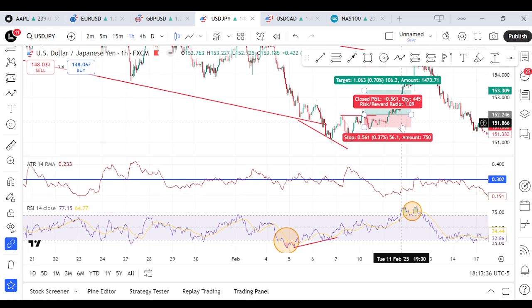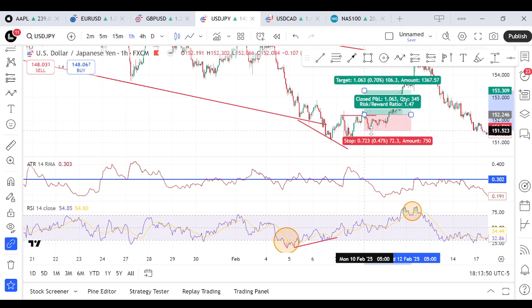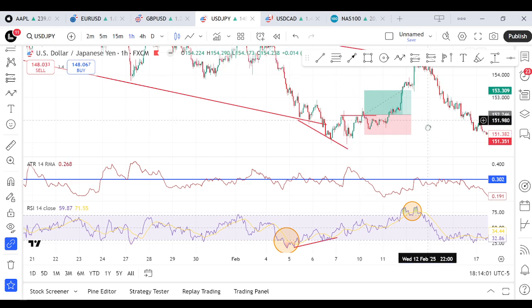So here I'll likely use maybe a 3 times ATR. So we're looking at 3 times 0.302, giving us 0.906. So adjusting it to 0.9, yeah, we have 0.9 right here. All right, that's our stop loss.